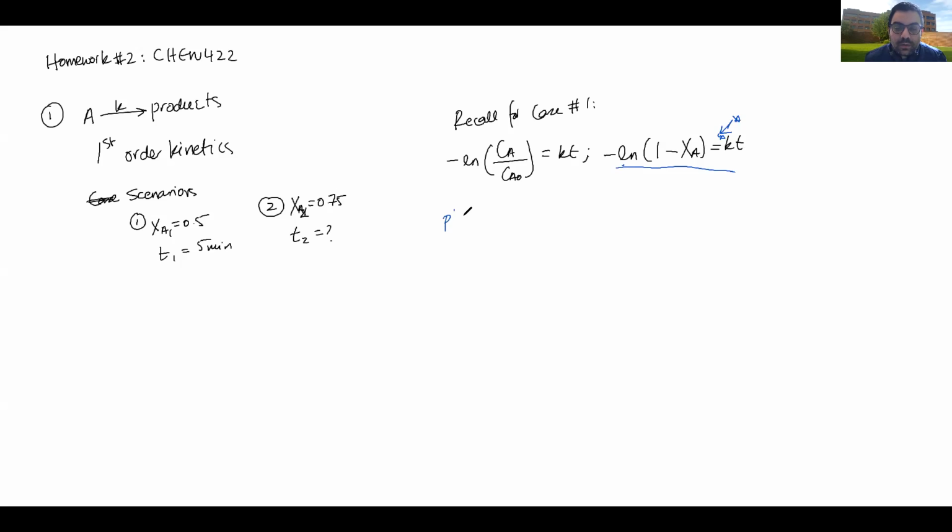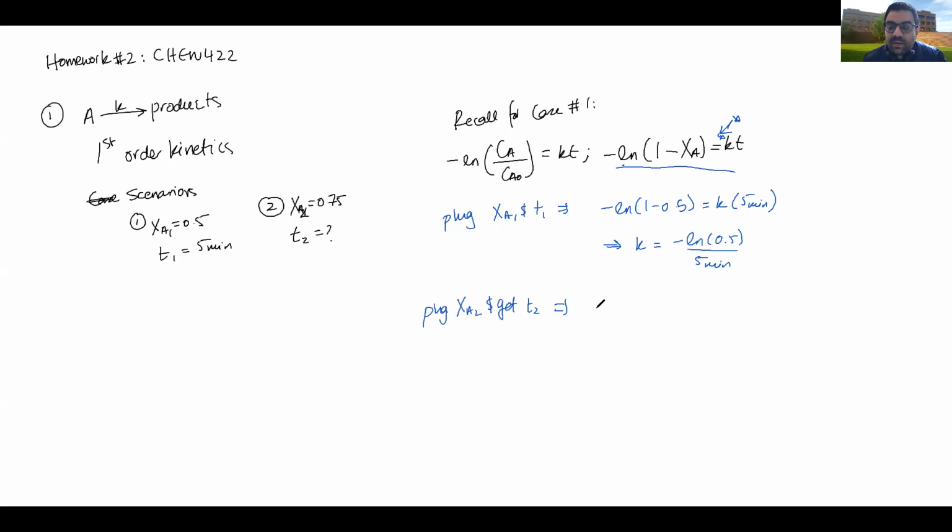So let's do this. I'm going to plug in XA1 and T1. So basically minus ln 1 minus 0.5 is equal to K times 5 minutes. And from here, it's clear that K is minus ln 0.5 over 5 minutes. You can get numbers, but keep track of the units, right? So now I have K, and now I'm just going to plug in XA2 and get T2.